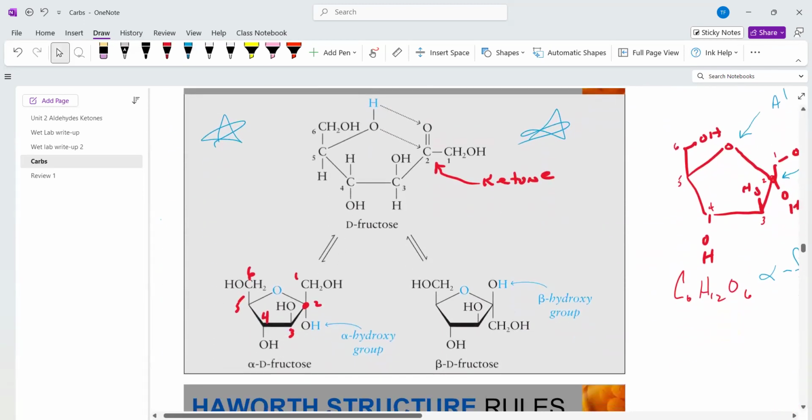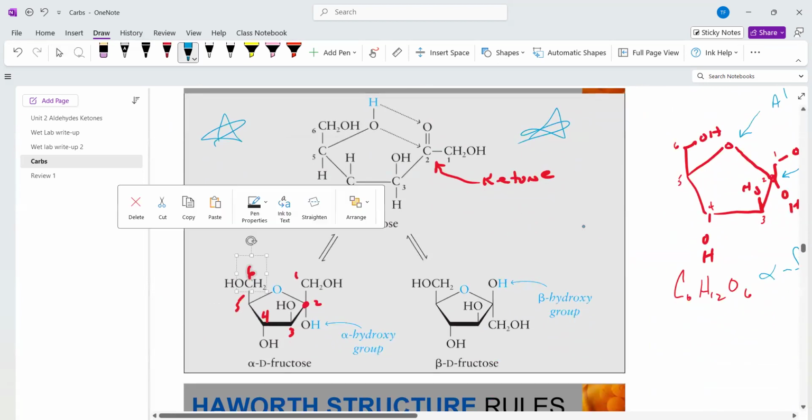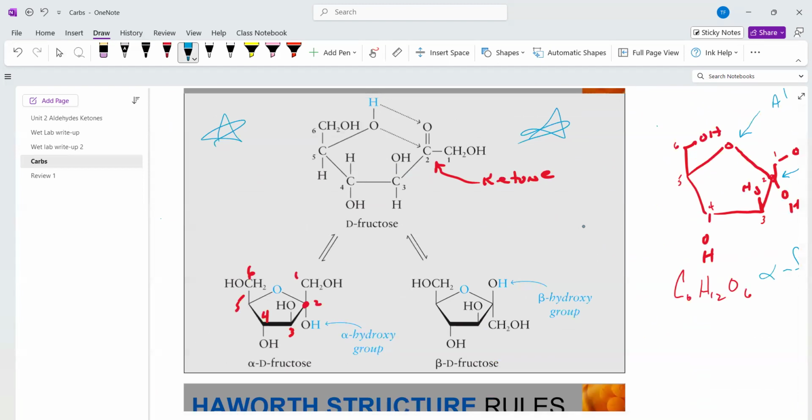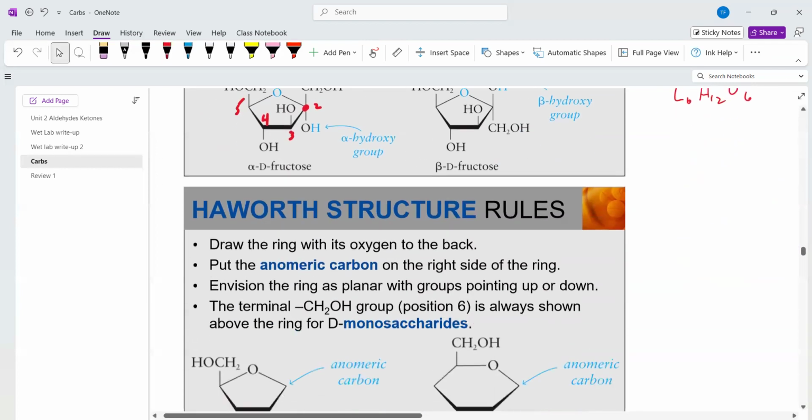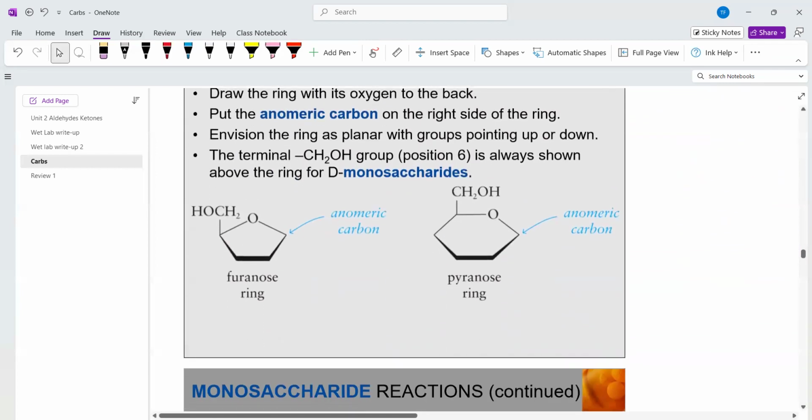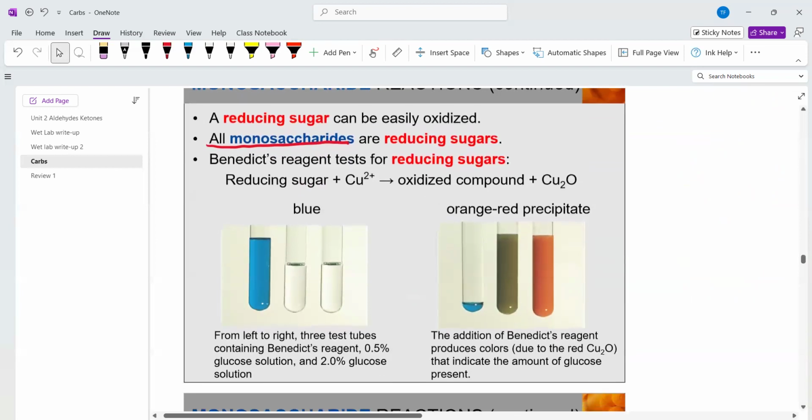For fructose, it opens up to a ketone, but the ketone can turn into an aldehyde, making this carbon number 1 an aldehyde, which gives a positive test. So we always draw the anomeric carbon, the one where the OH group can open up, on the right.